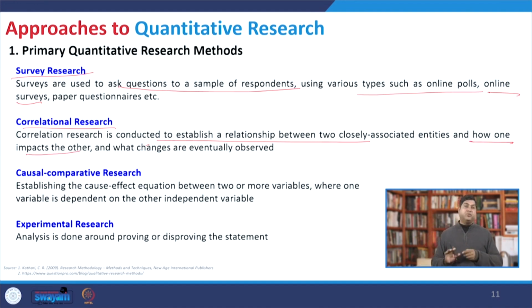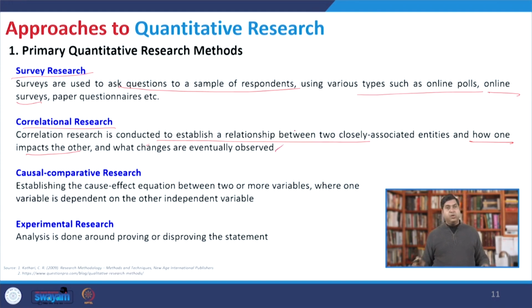This is something very common. For example, for any particular region, how a change in population density impacts land use or other activity in that city. If you try to make that correlation, you will get that. It may be directly proportionate, directly related, or inversely related in some cases.